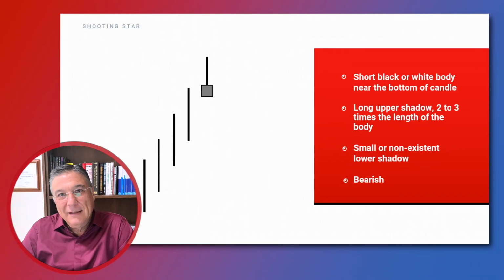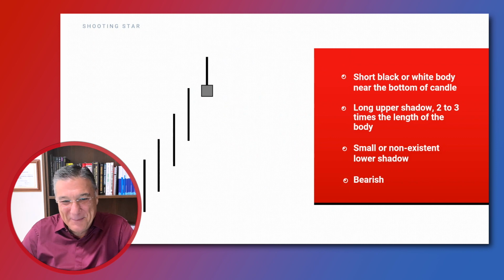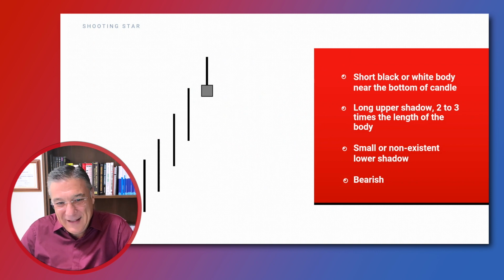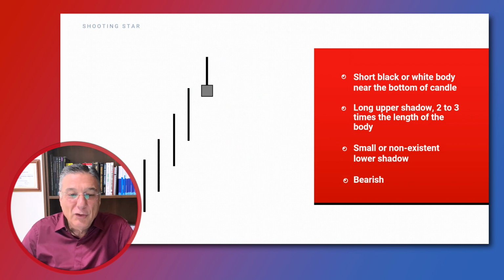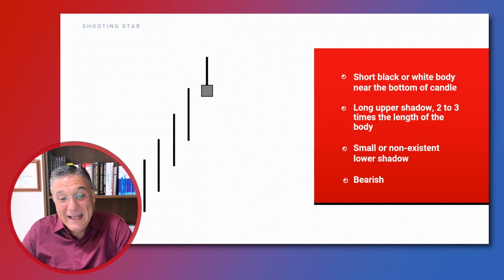Let's take a look at the specifications of this interesting reversal pattern. It has a small real body of either color and a long upper shadow. The lower shadow is tiny, small, and in a lot of cases does not even exist.